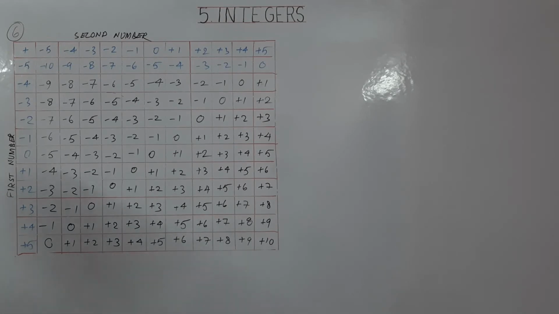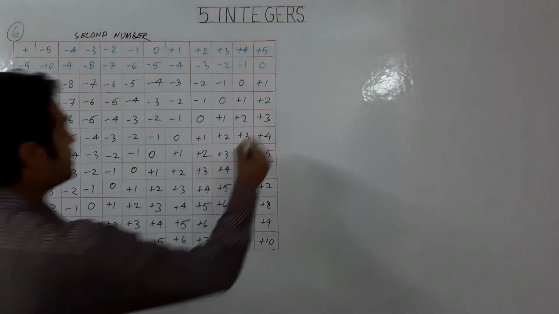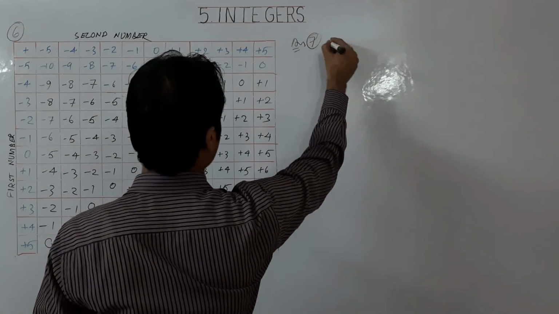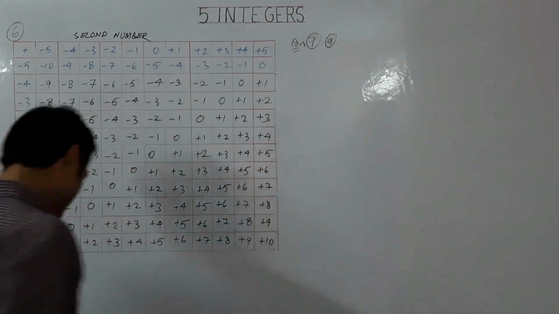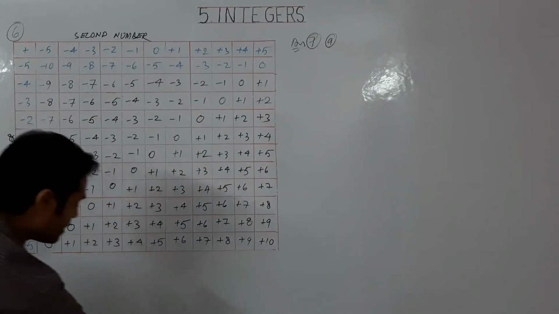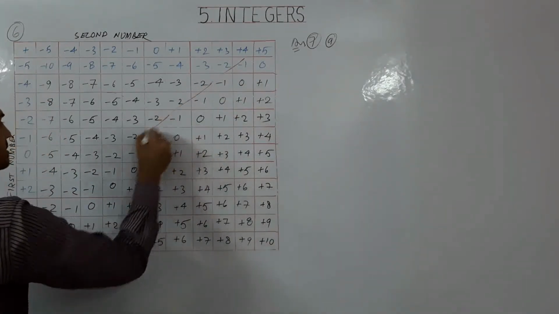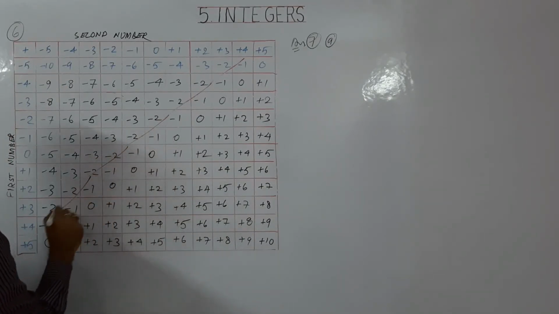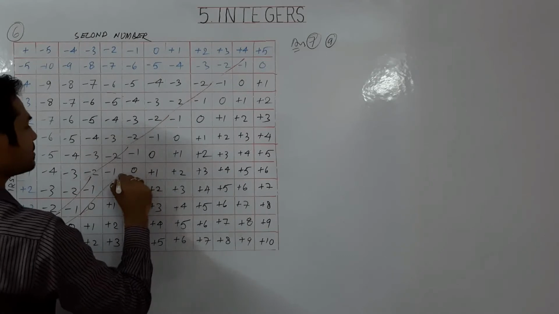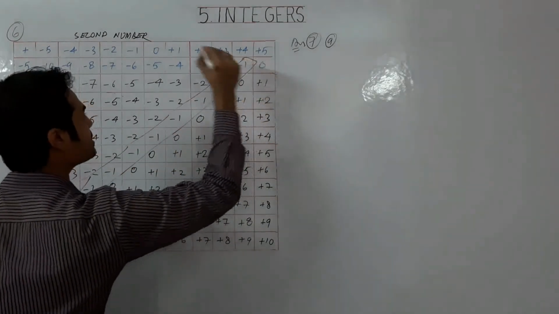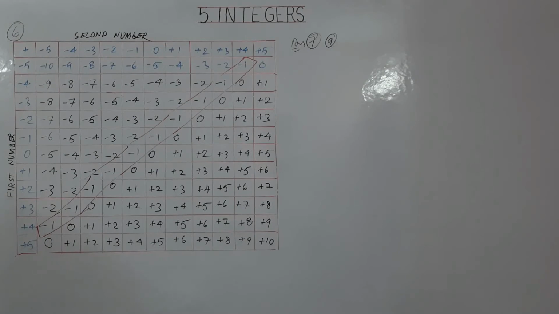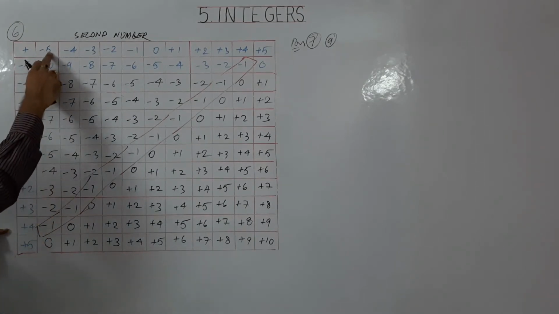Next question, question number 7. Study the above table, study this table carefully and answer the following. First, list pairs of integers whose sum is -1. So answer number 7, part A. List pairs of integers whose sum is -1. So these are all numbers whose sum, or the total, is -1 for +4 and -5.